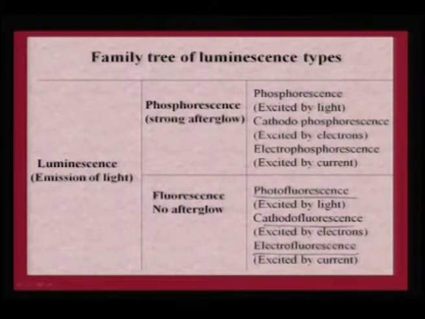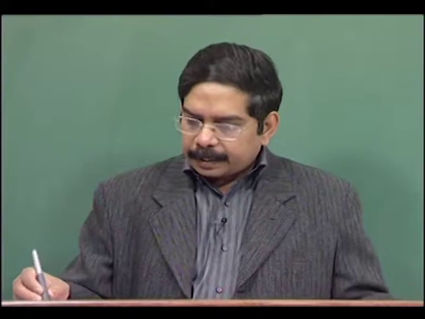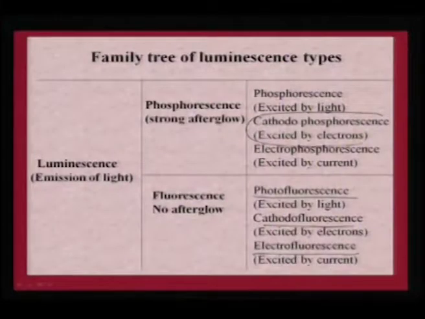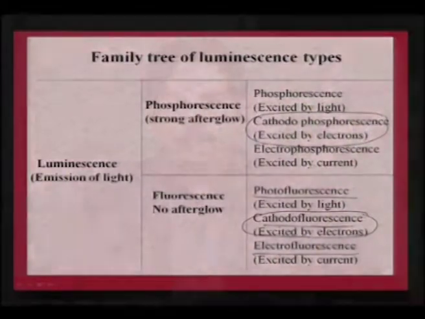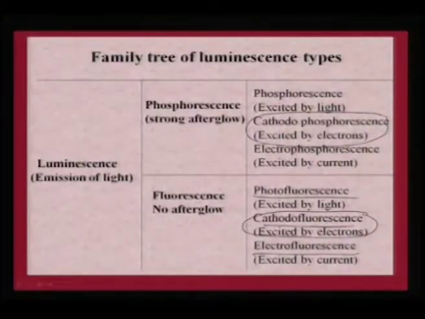So, as you would see here, the category of light emission comes from the initiating process, and the case of phosphors with either cathodophosphorescence or cathodofluorescence is a well established one out of all these possibilities, and this is basic to the CRT tube applications, which I will come to in the next few slides.